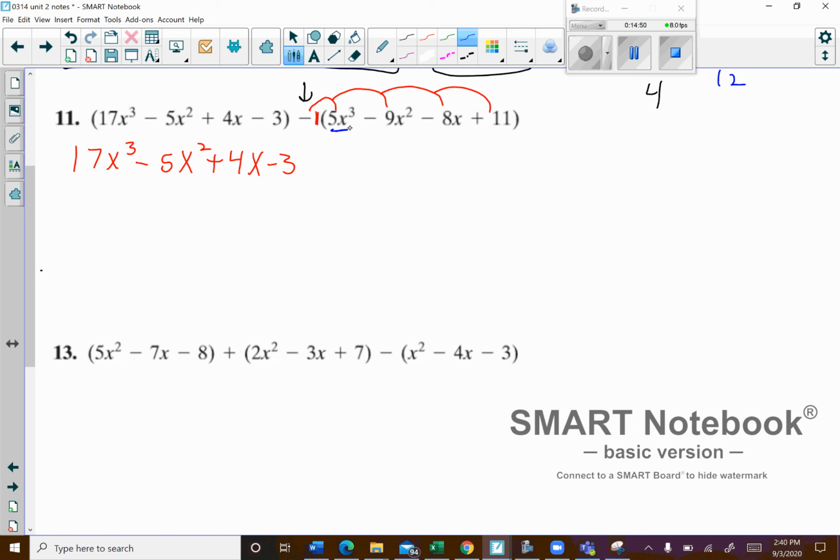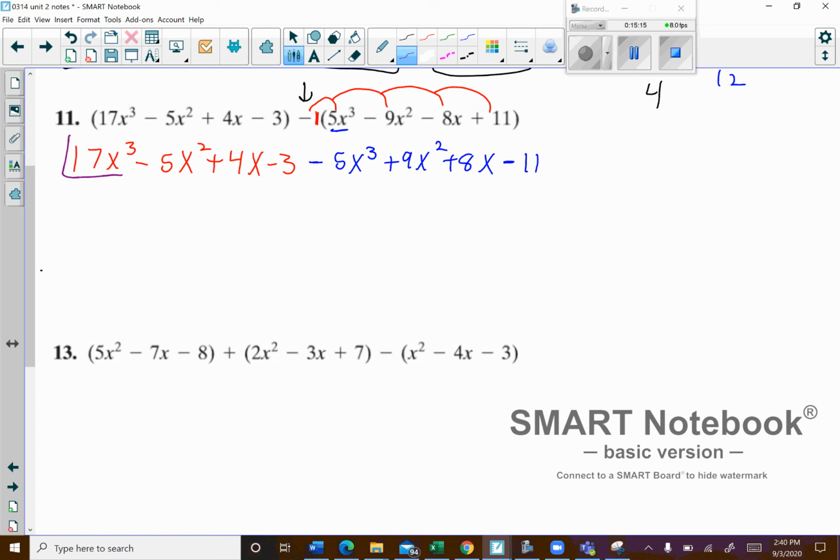So basically all the signs are going to change. This positive 5x cubed is going to become a minus 5x cubed. This minus 9x squared becomes a plus 9x squared. This minus 8x becomes a plus 8x. And then this plus 11 will become a minus 11. Okay, so now it's time to do exactly what we did up above, which is just combine our like terms.